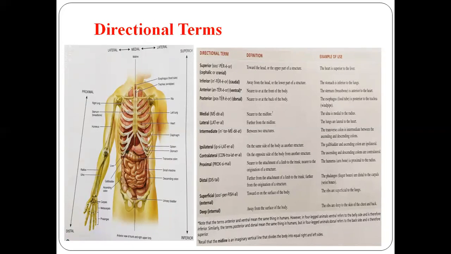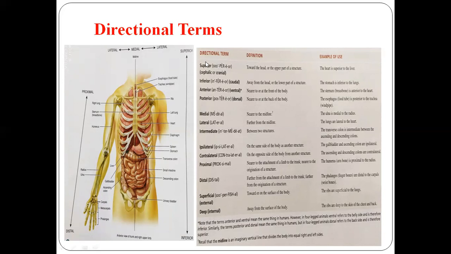Several directional terms are grouped in pairs that have opposite meanings, such as anterior and posterior. Here you can see some very common directional terms: superior, anterior, inferior, posterior, medial, lateral, and the definitions of each of them are given.